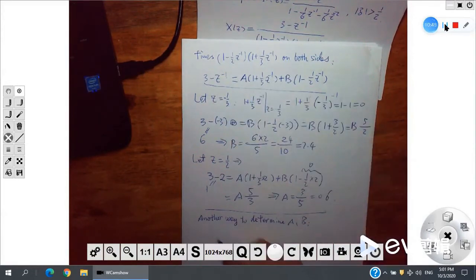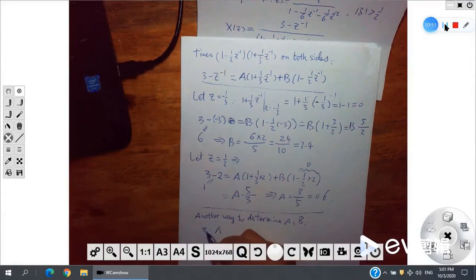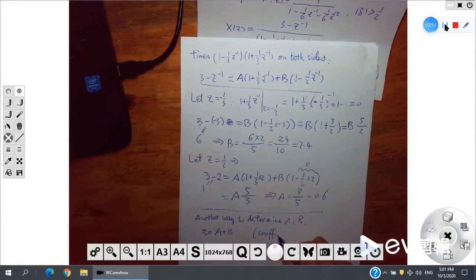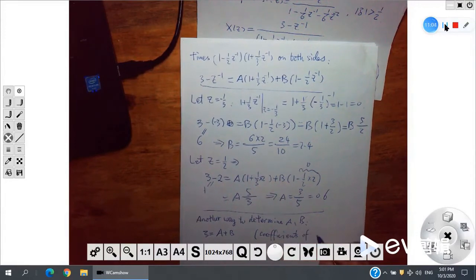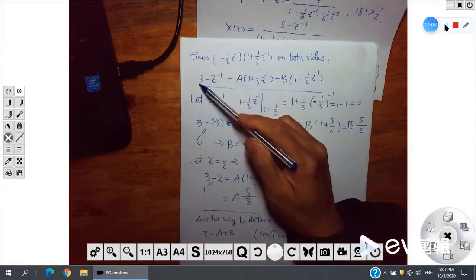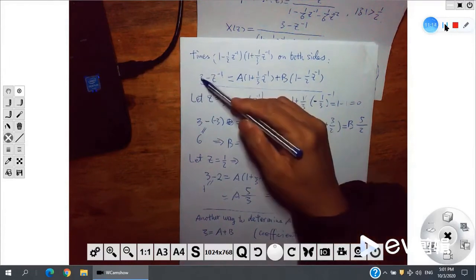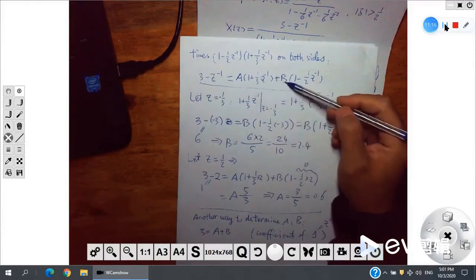So we have 3 equal to a plus b. This is the coefficient of 1 on both sides, right? Actually, it is z to 0. It is 3, and this side is a plus b.